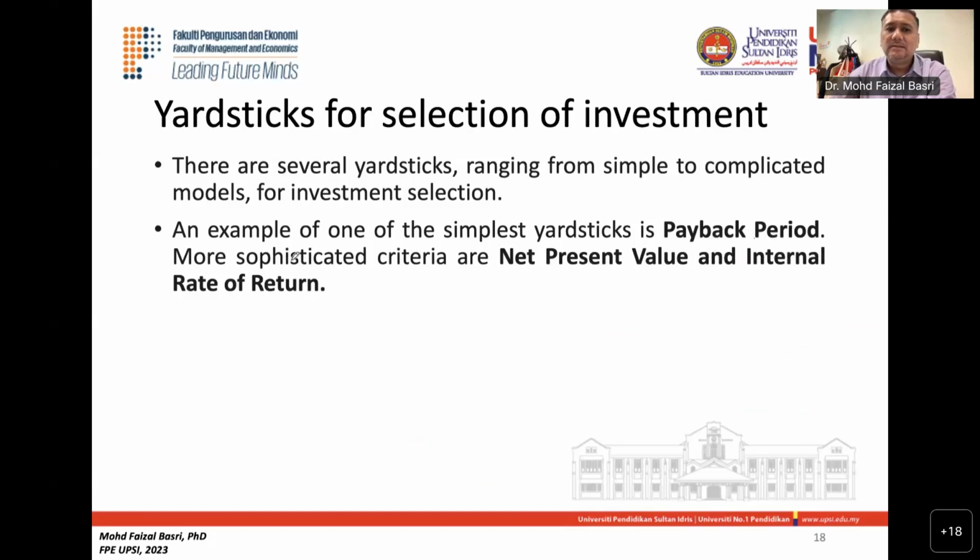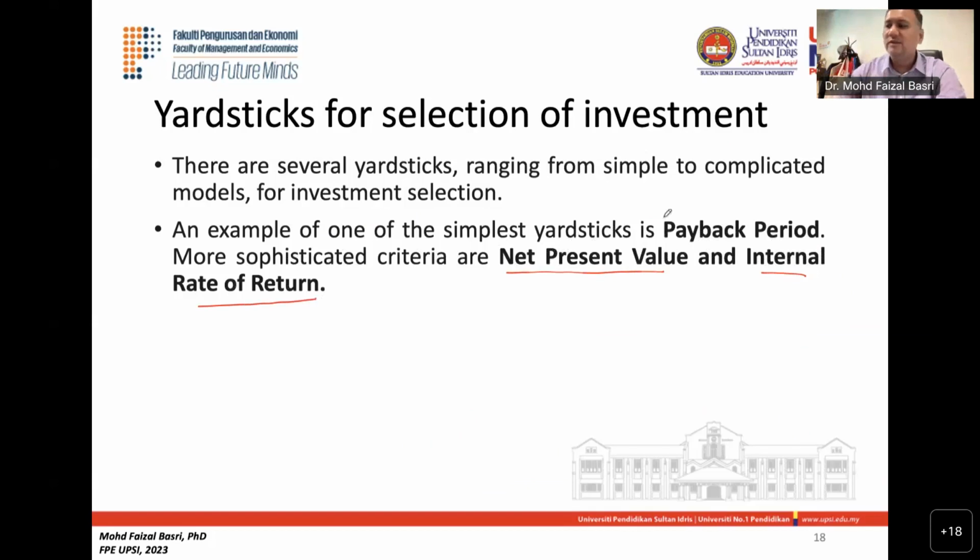For the most sophisticated modeling or techniques that we're going to use, it's better to have financial calculators. I will use financial calculators later on to show how to calculate net present value.